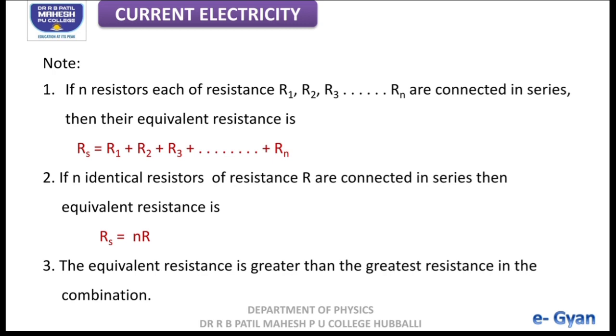If n identical resistors are connected, then Rs is n times the resistance of each resistor. Last point, equivalent resistance is greater than the greatest resistance in the combination. This is the brief description about series combination of resistors.